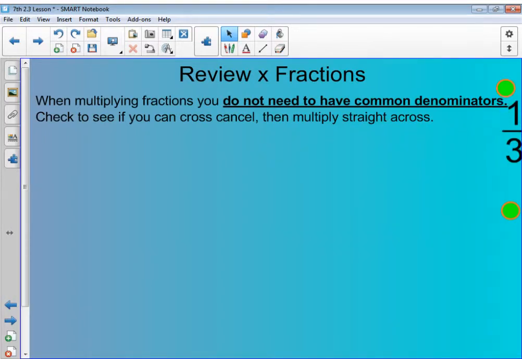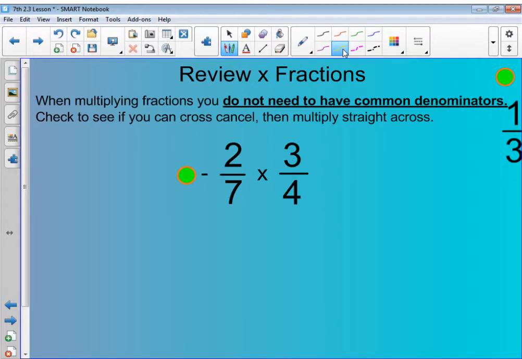Okay, so let's try another one. So here we have -2/7 times 3/4. So my first step is to always look to see if our answer is going to be positive or negative. And we have 1 negative sign there, so I know my answer is going to be a negative answer. Now on this one, is there anywhere that we could cross cancel? Let's see, would 2 work into 7 or 4?